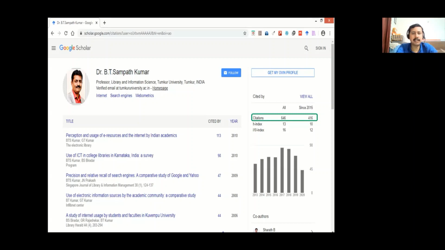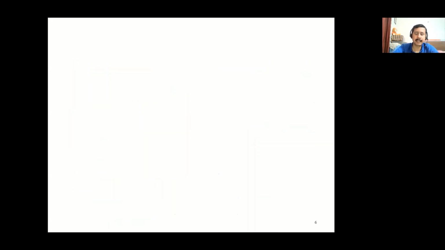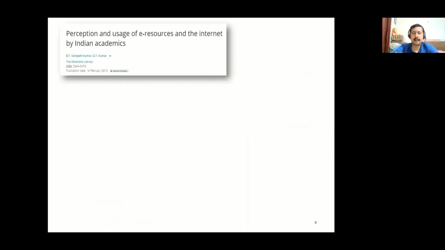Let's take one of the articles as an example in order to understand the concept of citation. Here is the article I have selected for illustration: Perception and Usage of E-Resources and the Internet by Indian Academics.